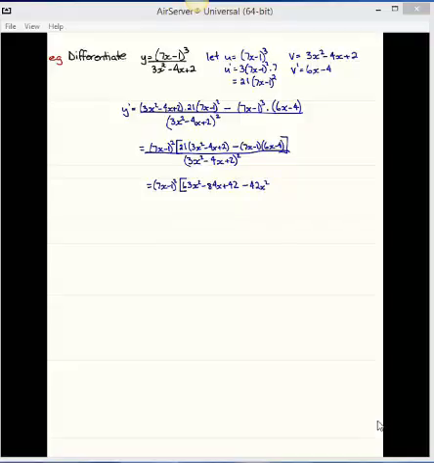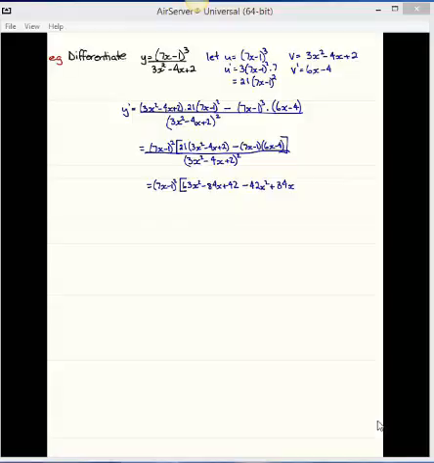Let's have a look at what we've got. 7x times 4, so that's minus 28x, and then we've got minus another 6x, so we're at negative 34x, but then there's a negative in front of that, so we're going to have plus 34x, and things like that are things to focus on.